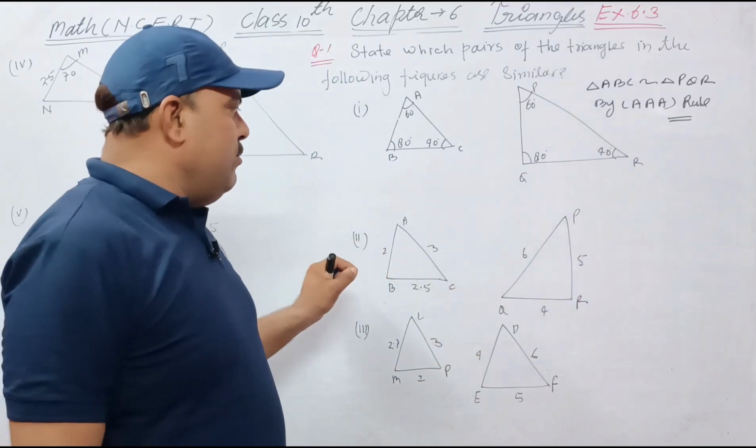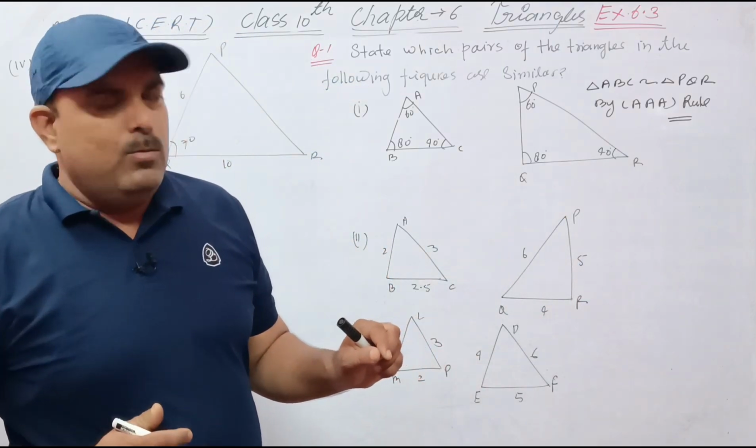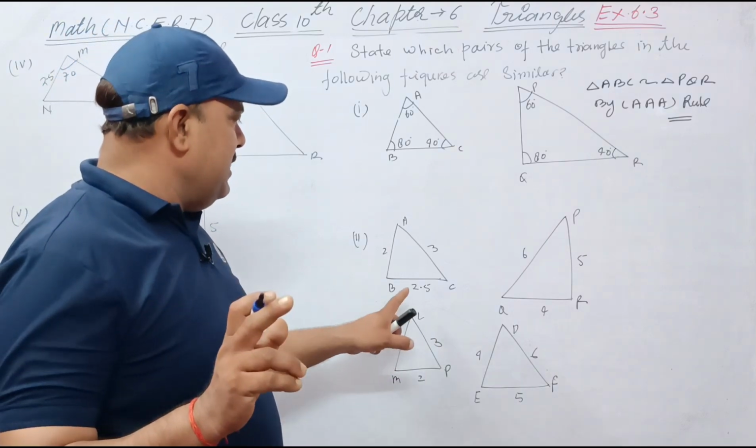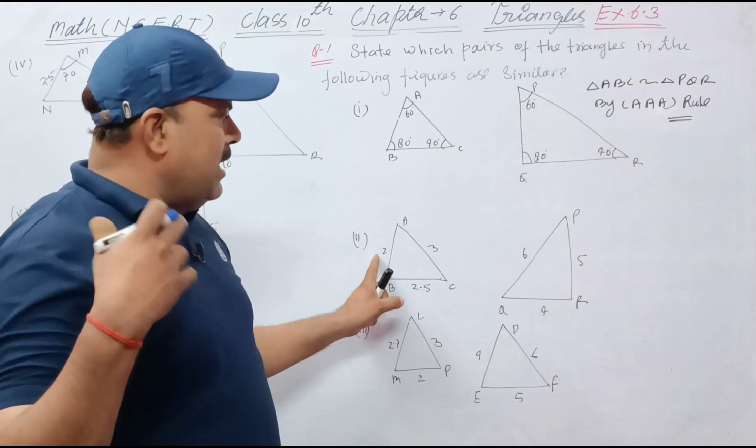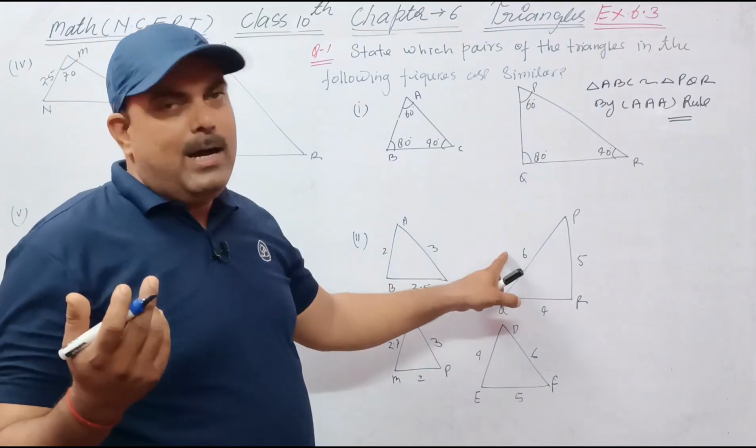In the next pair, triangle ABC and triangle PQR, we use the triple S similarity rule. Triple S similarity rule means 2.5 twos are 5, 2 twos are 4 and 3 twos are 6.